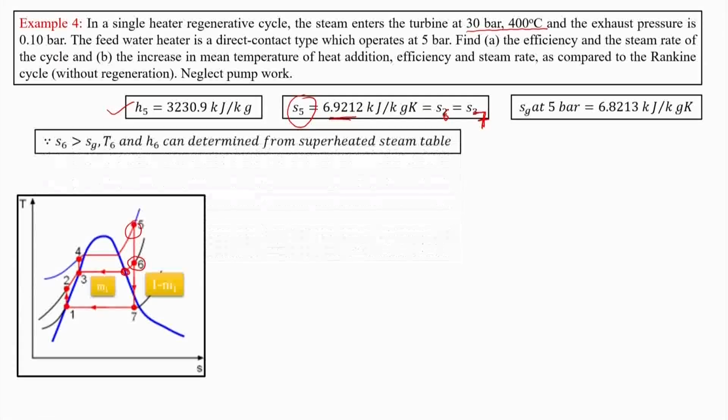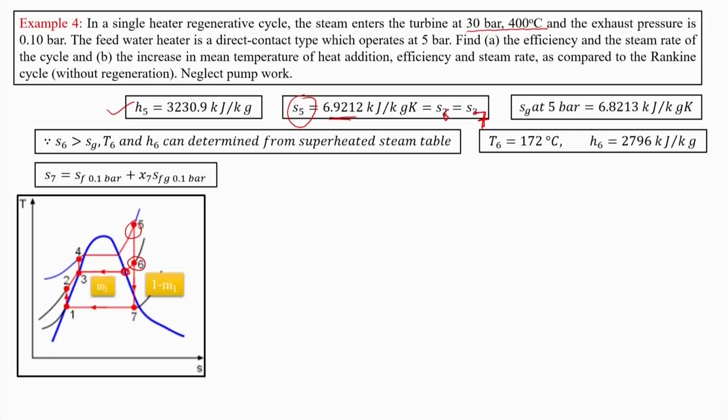So basically S6 is greater than SG, that means T6 and H6 are to be found out from the superheated part of the steam table corresponding to 5 bar, and that turns out to be T6 is equal to 172 degrees Celsius and H6 is equal to 2796 kilojoule per kg.